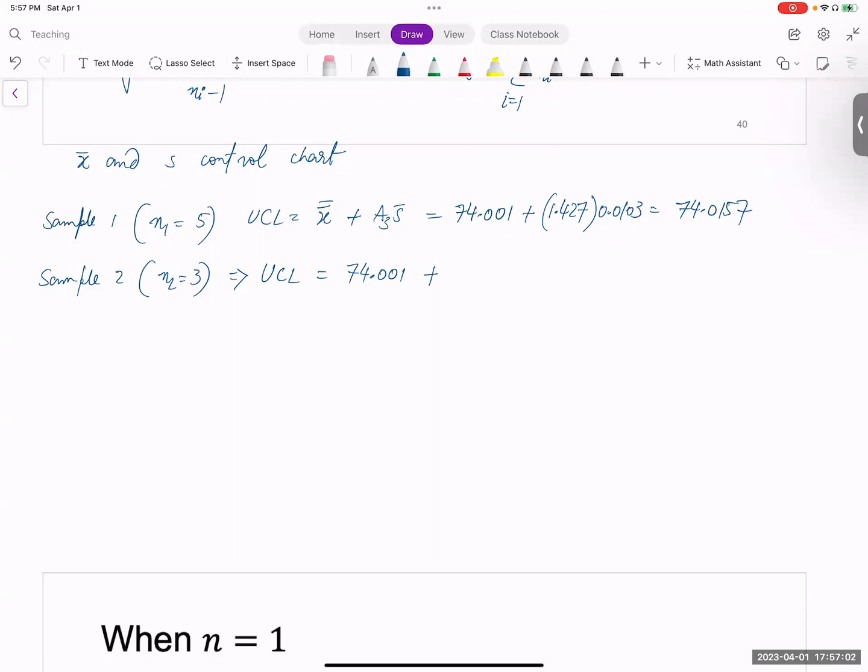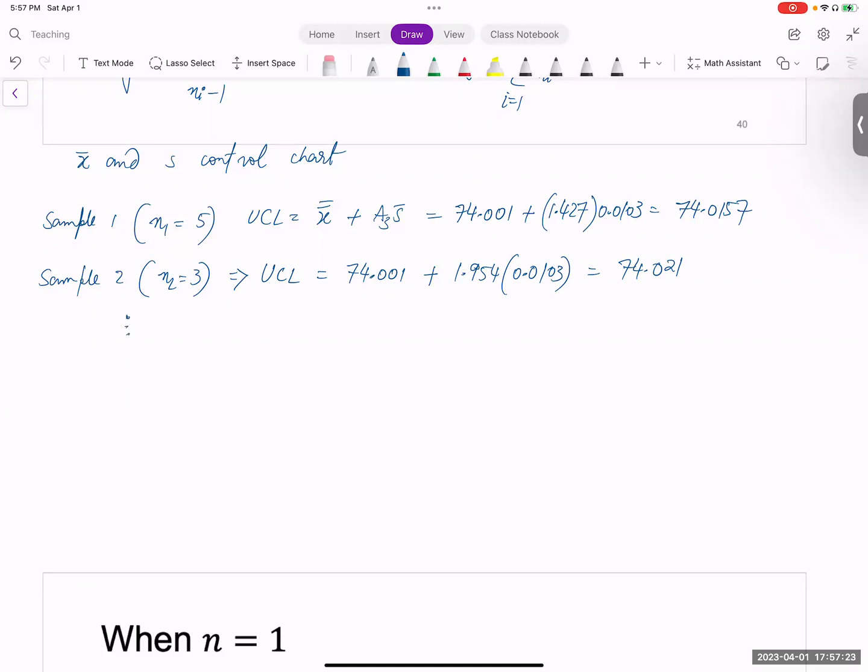Now A3 for n equals 3 is 1.954 times 0.0103, which leads to 74.021. Right? Similarly, when you compute the LCLs, you can continue doing it like this.